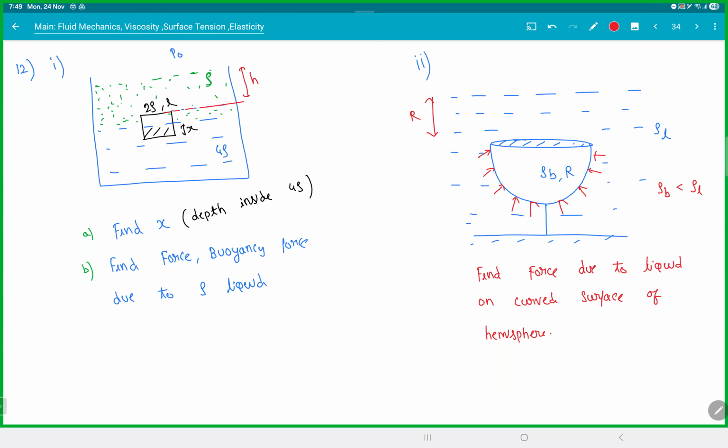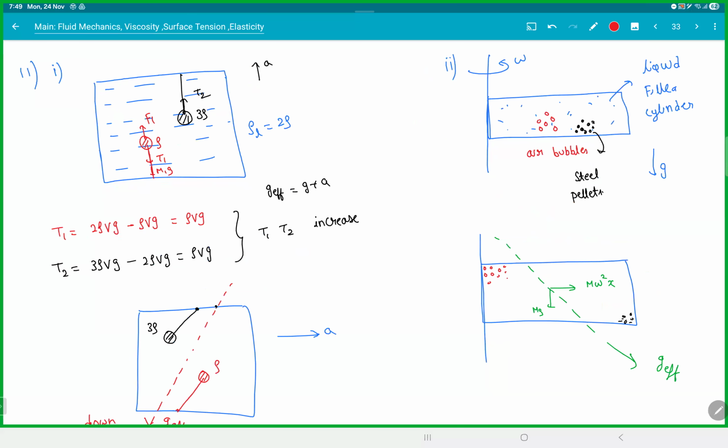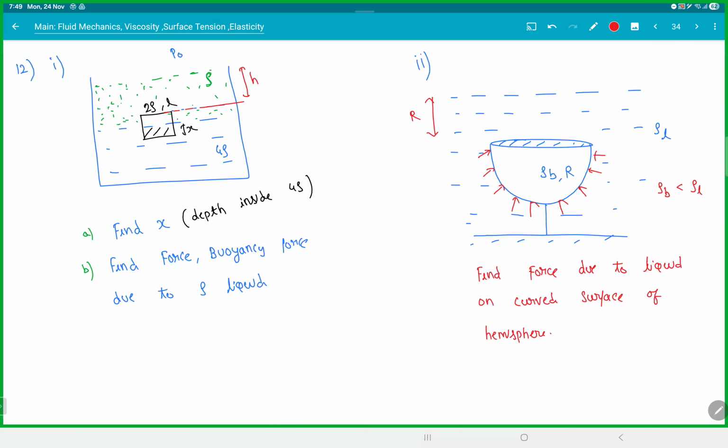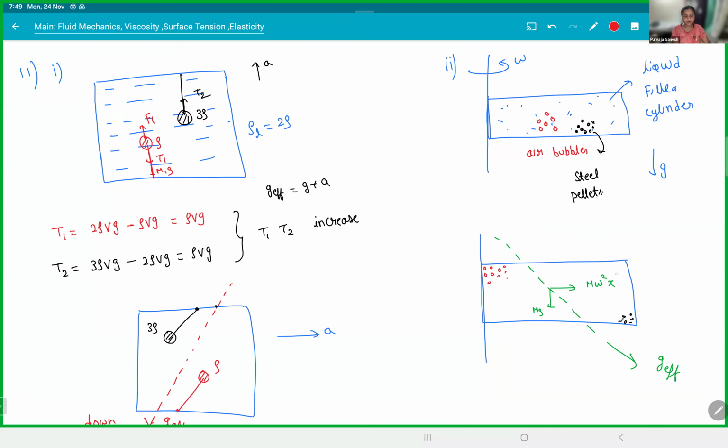That's it. If your mg is greater than buoyant force, you will go in the direction of net force. If your buoyant force is greater, you'll go opposite to the net force. But there'll also be a pseudo force due to gravity on the container, right? Pseudo force due to gravity on container. That sentence itself is pretty weird. You need to ask yourself, what are you saying exactly? When do you apply pseudo force? When your observer is in a non-inertial frame. No. Then what is this m omega square x? All right.